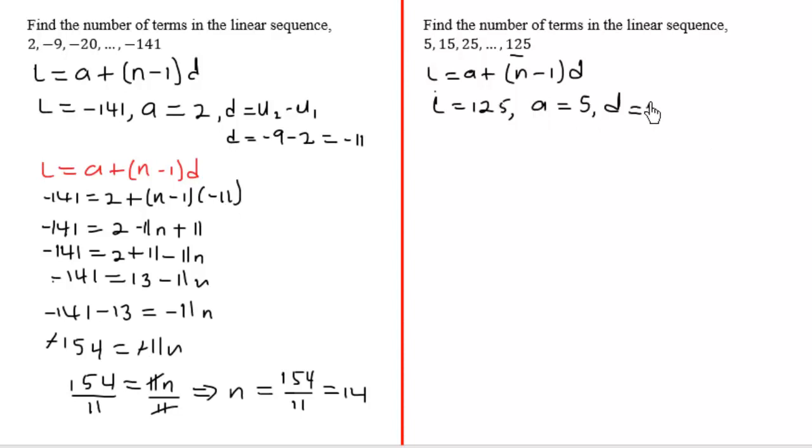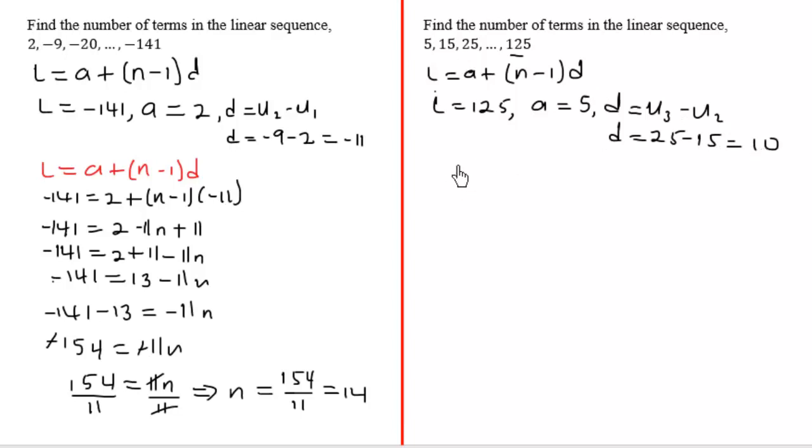So I just want to find it between the second term and the third term, and that should be the third term minus the second term, U3 minus U2. So D, the common difference, the third term is 25 minus the second term 15. So 15 from 25 gives us 10.